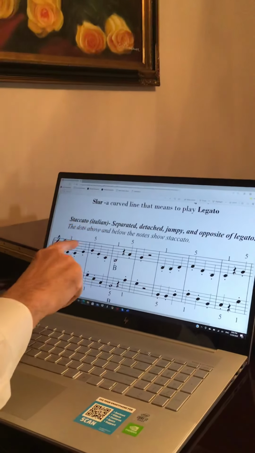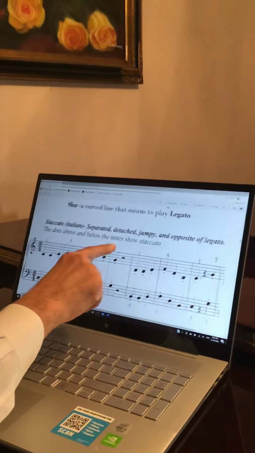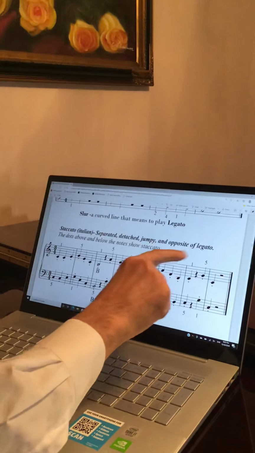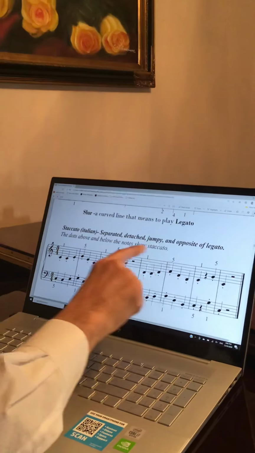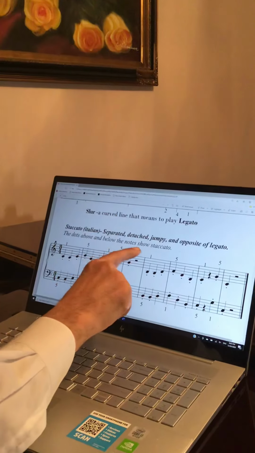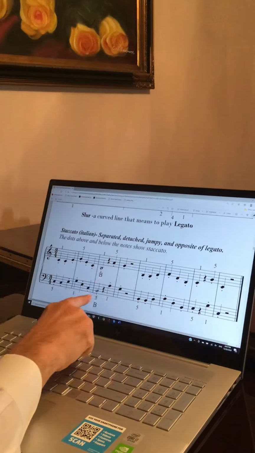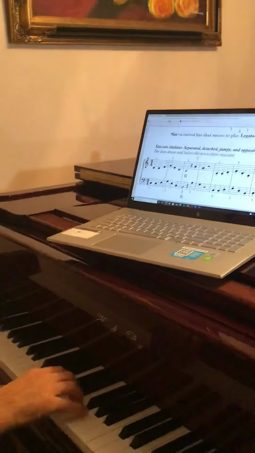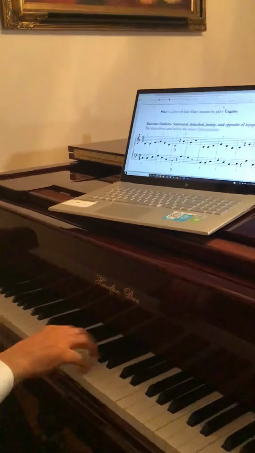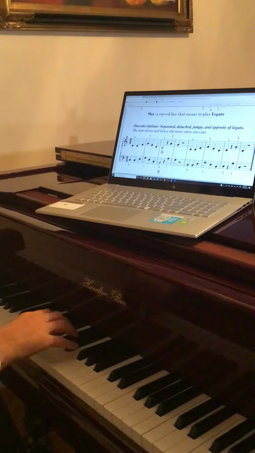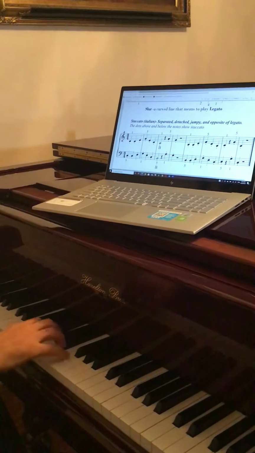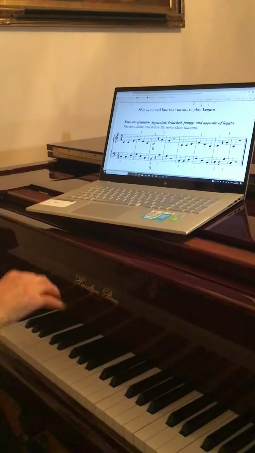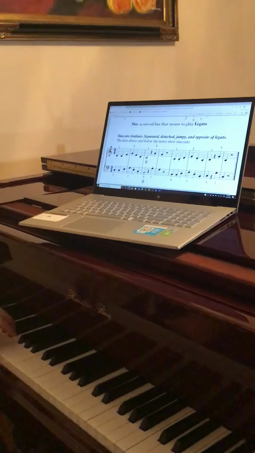Staccato, also an Italian word, means separated, detached, jumpy, the opposite of legato. The dots above and below the notes show staccato, like that. Yes, that means the staccato. And left hand also.